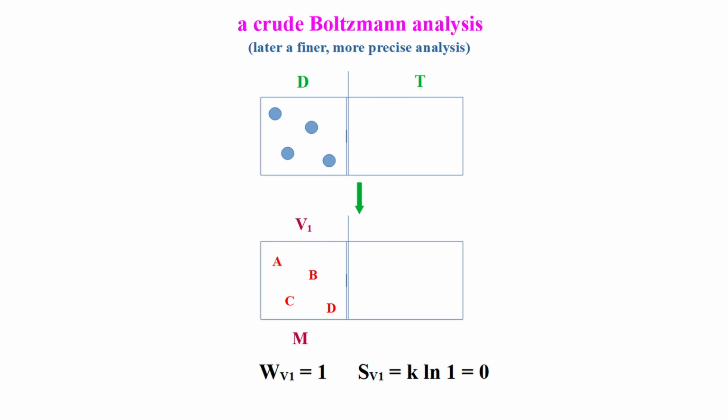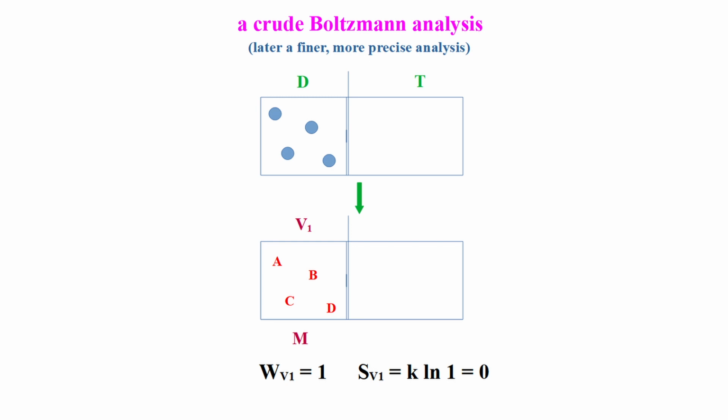We will later consider a finer, more precise analysis. Since the particles are indistinguishable, it does not matter which of the 4 particles on the left is where exactly in space in that compartment.